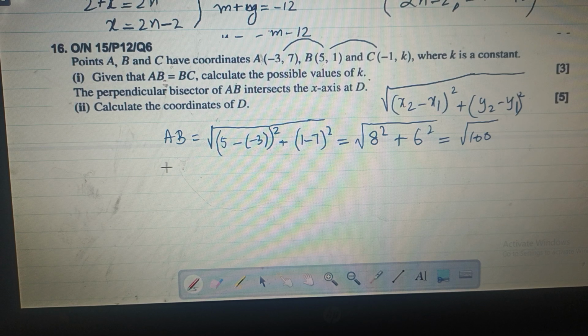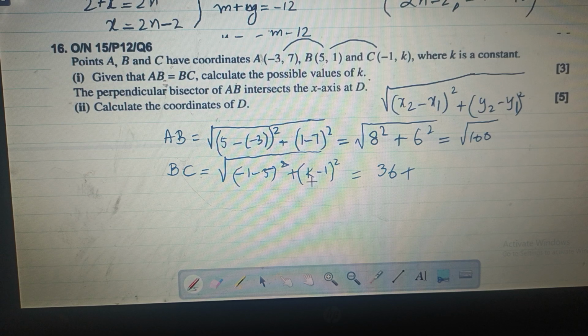Then I'm saying BC. According to BC, I'm applying the same formula again. It is minus 1 minus 5 whole square, plus k minus 1 whole square. From here I know that this is 6 square, which means it is 36.